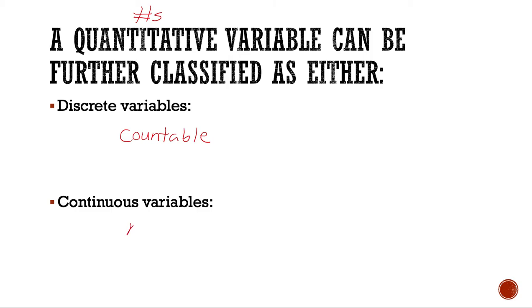Continuous variables are those that are measured, like what is your weight? You have to step on a scale to measure that. Or how long does it take you to drive to campus? You have to use a clock or a stopwatch to measure that.